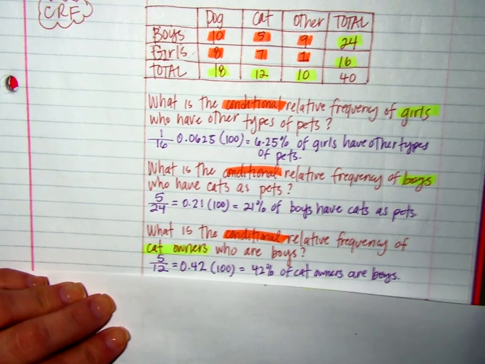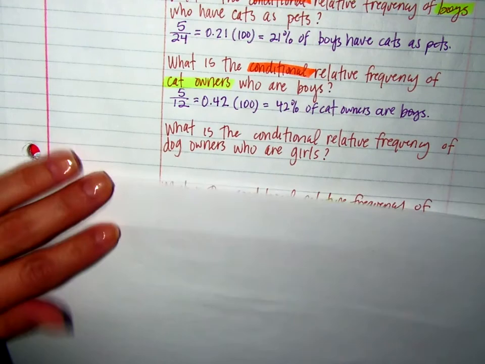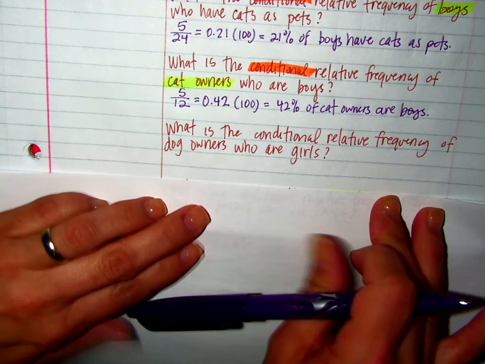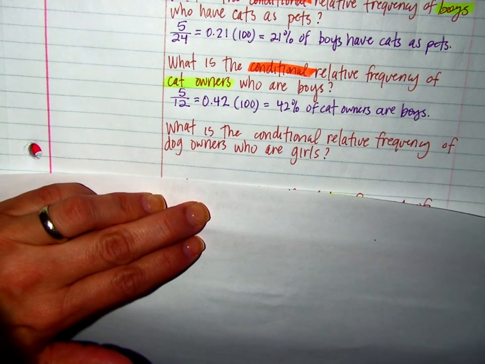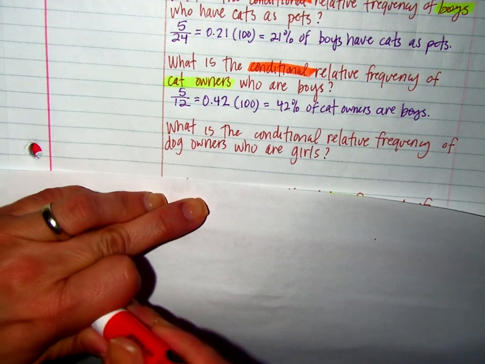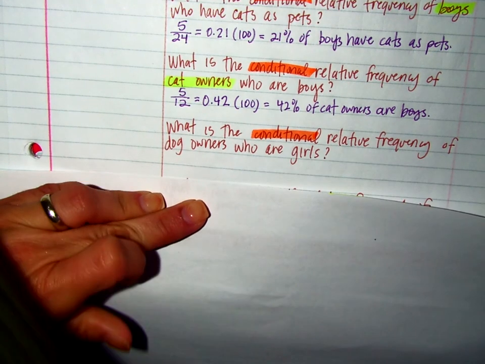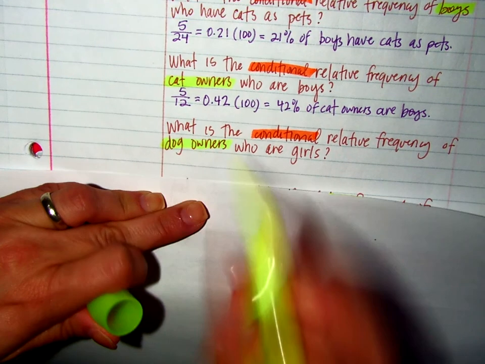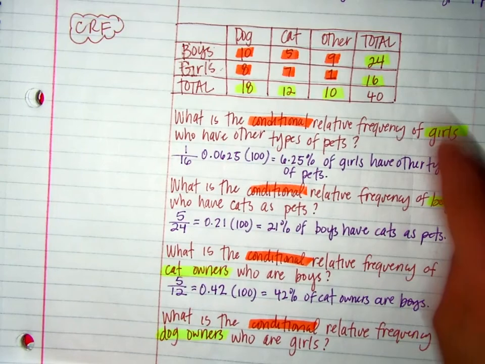All right. And we're nearing the end here. This is now second to last. What is the conditional relative frequency of dog owners who are girls? Again, we have a condition. The condition is the first category. First category here is dog owners. So again, we know that the 24 is the total for boys. The 16 is the total for girls.